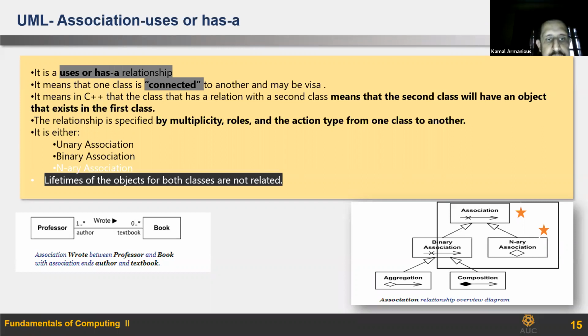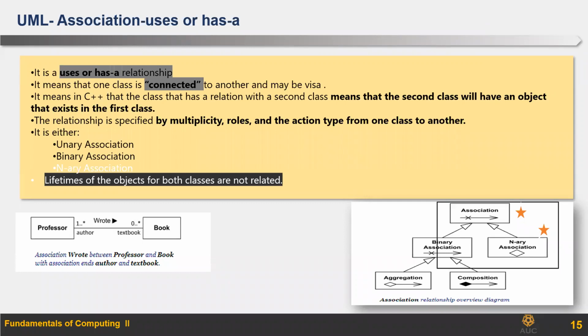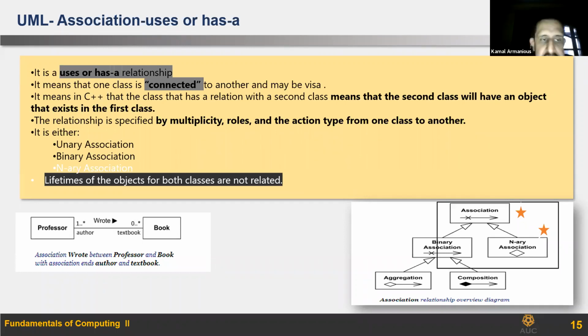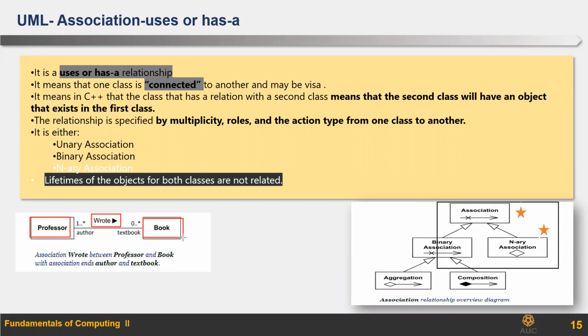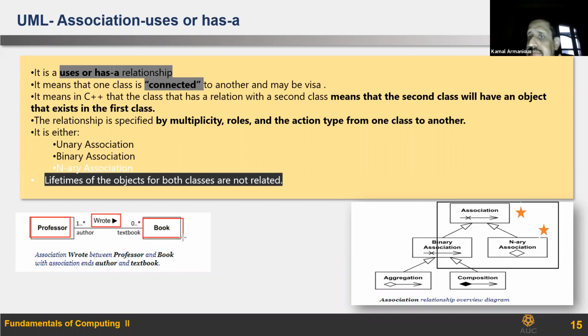So a professor and a book. Adham, what is the relationship between the professor and the book? The professor uses the book to teach the students? Yes, that's one kind of relationship. The professor writes a book. So the professor wrote a book, and this is the name of the relationship.